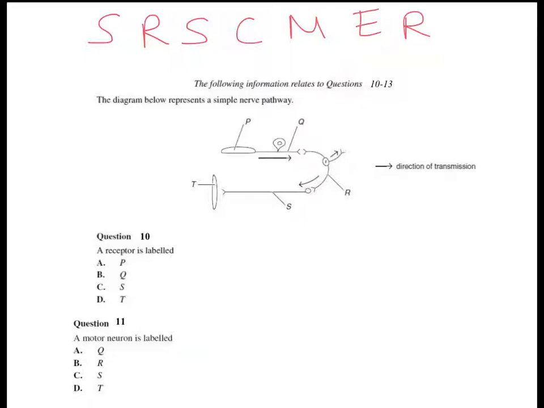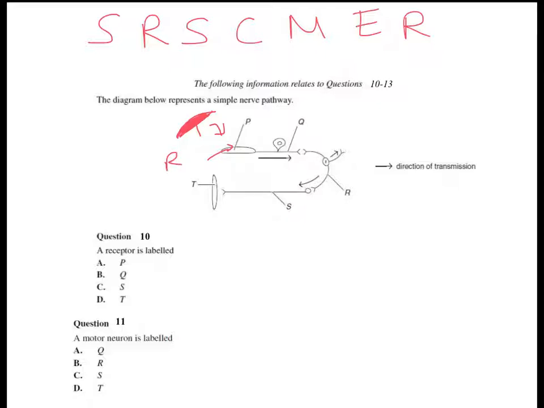Okay, so our stimulus, remember, is the thing that comes in to hit it. So the stimulus might be a pin. That's clearly a drawing pin. Or it might be the pain of touching hot water or something like that. The thing that detects the change here is our receptor.